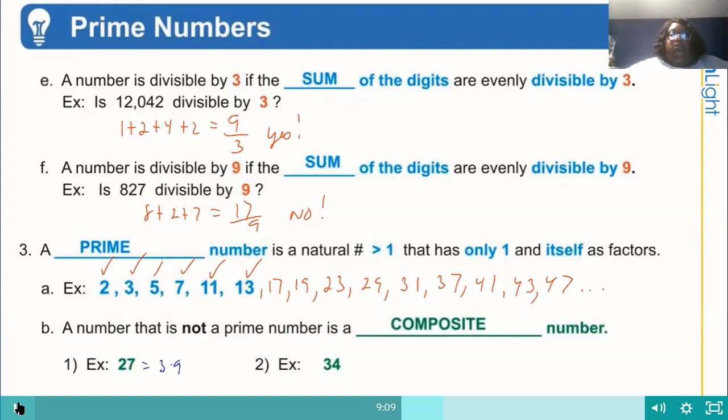It's not prime, it's composite. Be careful with 34, right? 2 times 17 is 34, and that is a composite number, not a prime number. And remember, composite just means that it has more than two factors. There's more than one way to get that number.